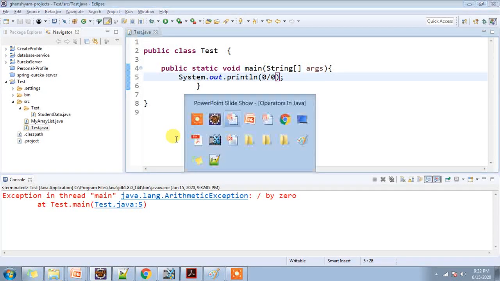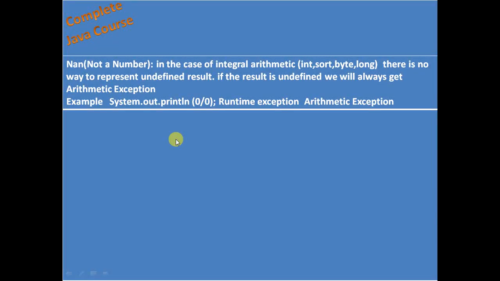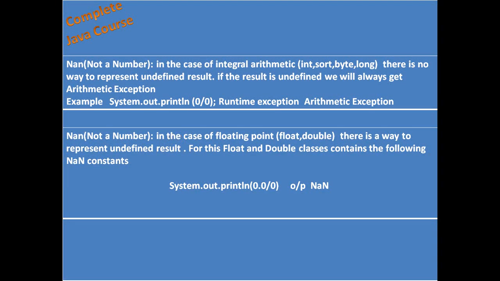But in the case of floating point, meaning float or double, there is a way to represent an undefined result. For this, the float and double classes contain the not a number constant. So if you divide 0.0 by 0, you will get not a number.